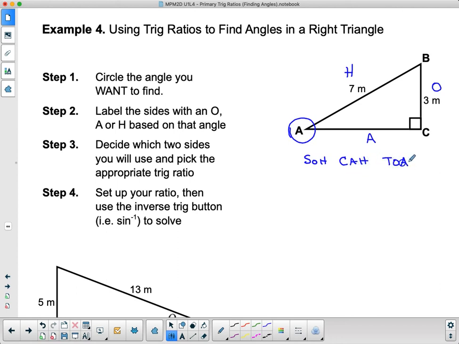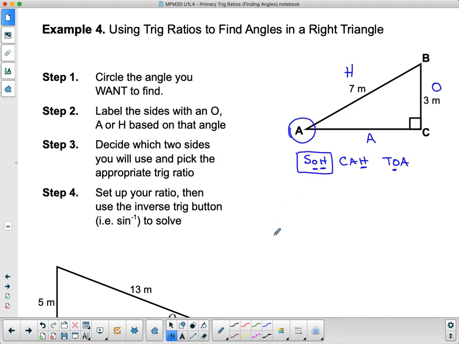If I want to find an angle, I need to use two sides that already have numbers. The two sides I have numbers for are O and H. So I'm going to highlight the O wherever I see it, and the H wherever I see it. You'll see that there's only one trig ratio that has both the O and the H.